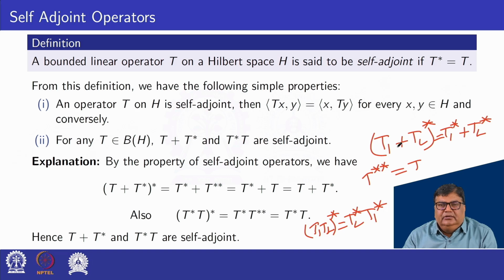Again, we use this property T double star is equal to T, that is we have T star T. So again, by the definition of self-adjoint operator, star of T star T is equal to T star T, that is T star T is also self-adjoint. Hence, T plus T star and T star T are self-adjoint.